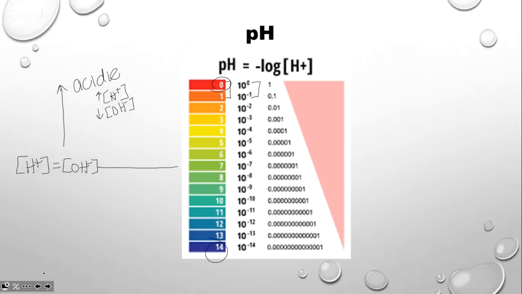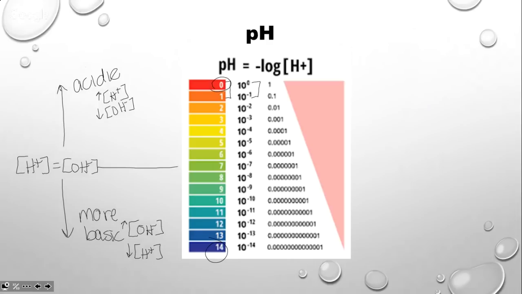As we get closer to 14, we get more like a base. Remember, basic does not mean simple in chemistry. Basic means more like a base. And we are going to increase the hydroxide while decreasing the hydrogen.